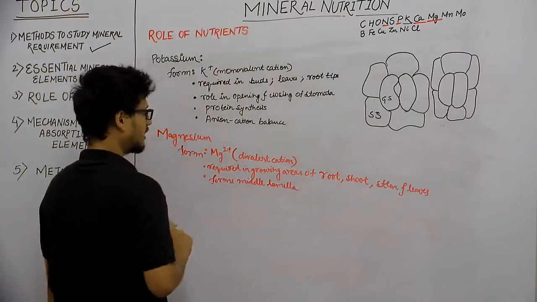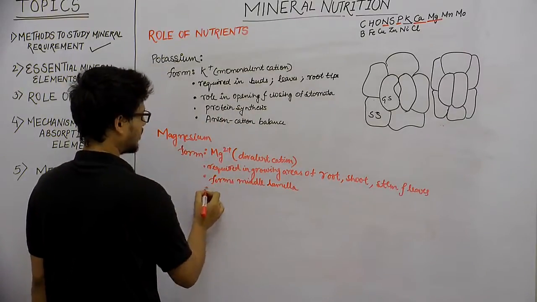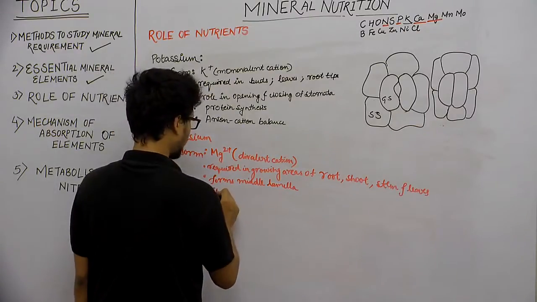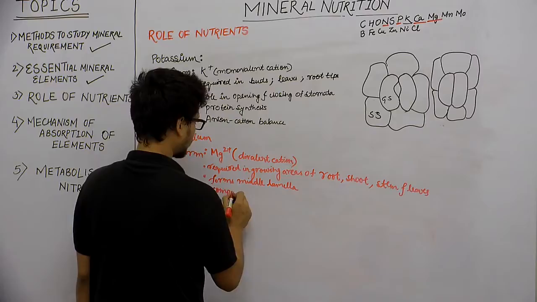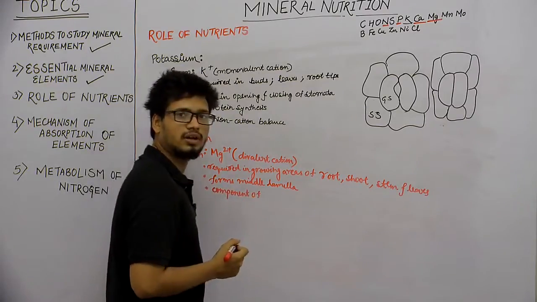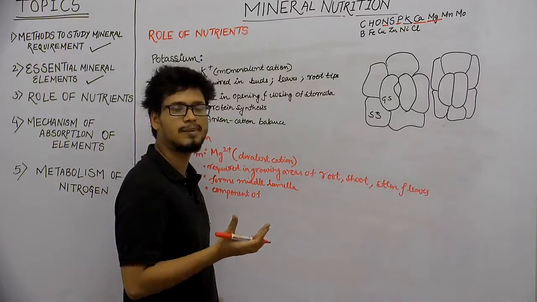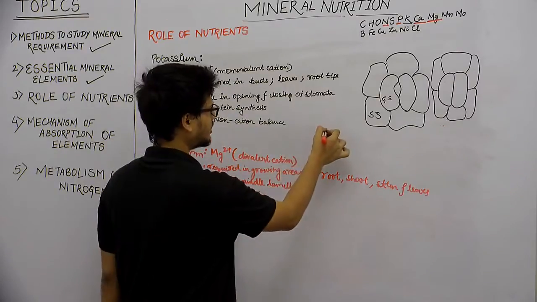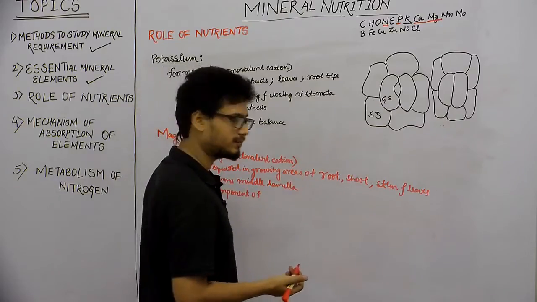Okay, forms middle lamella. इसके अलावा there's another role, that is it forms a component of chlorophyll. Chlorophyll का जो pyrrole head होता है, उस head में magnesium forms the central element.